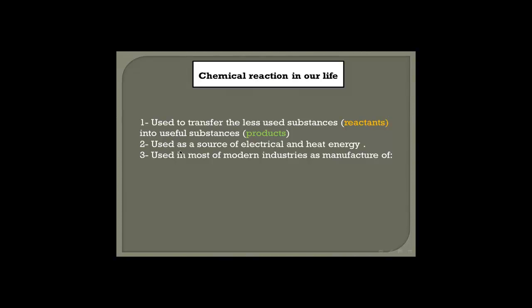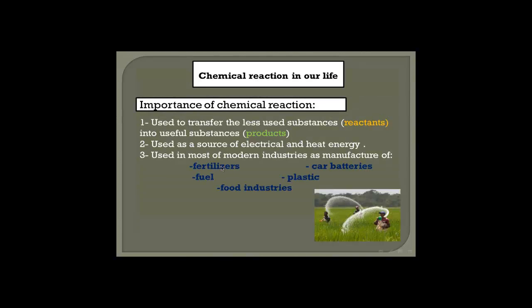Number 2, used as a source of electrical and heat energy. Number 3, used in most modern industries such as manufacture of fertilizers, fuel, car batteries, plastic industries, and food industries.